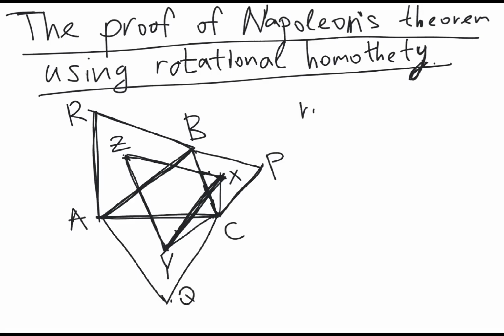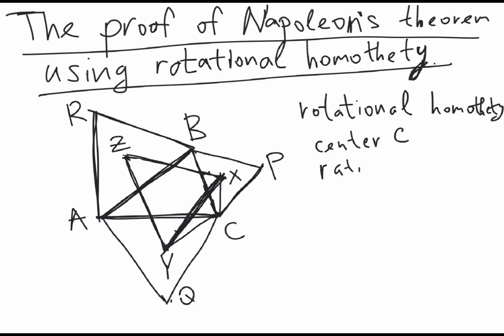So we consider rotational homothety with center C, and the ratio equal to, well, whatever, like this, I guess it's square root of 3 or something like that. I think it's the square root of 3.